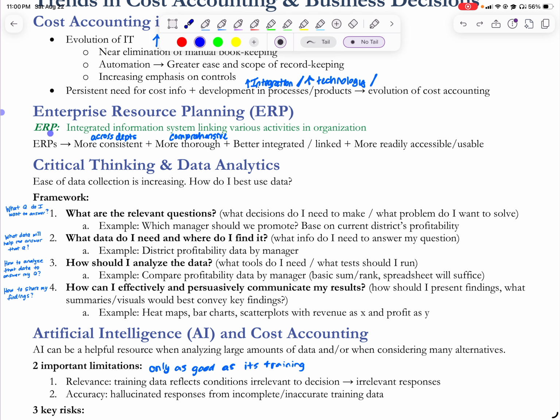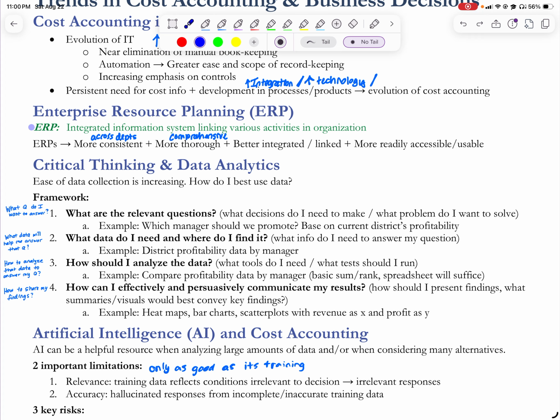One of those evolutions in cost accounting, but just more generally in business information systems across the board, would be enterprise resource planning. That's to thank for a lot of the different variations and scope of information that is now more accessible to us.